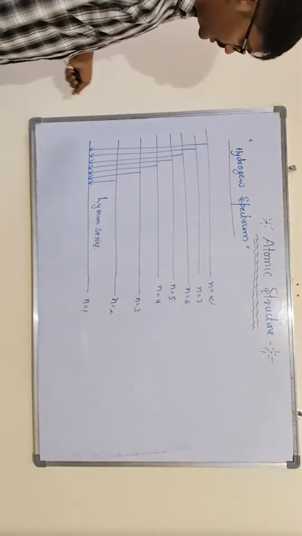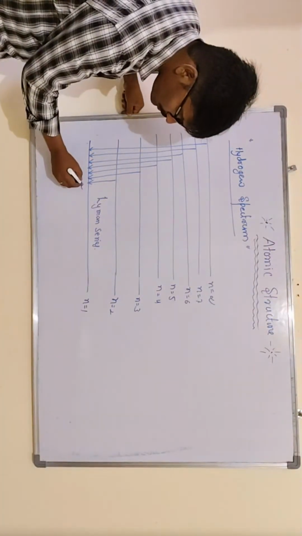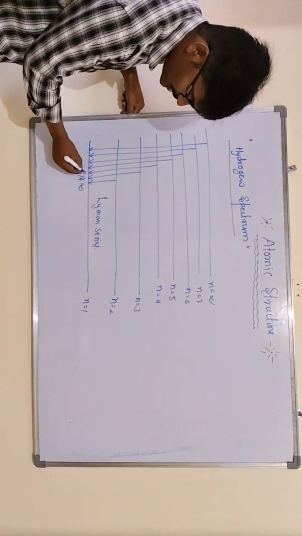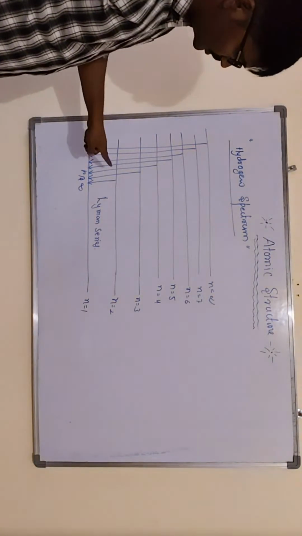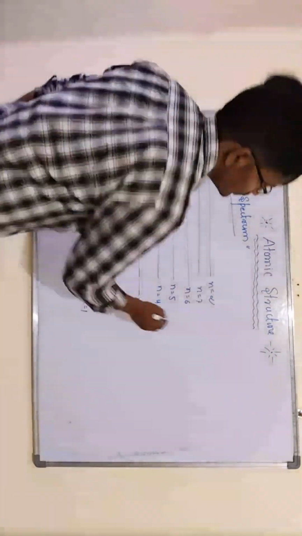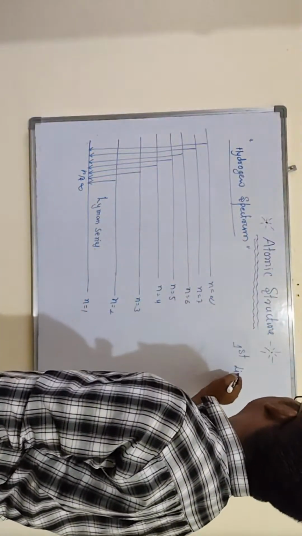In the first line of the Lyman series, that is the alpha line, then beta, gamma, like that you can define. So first line of the Lyman series, take it.